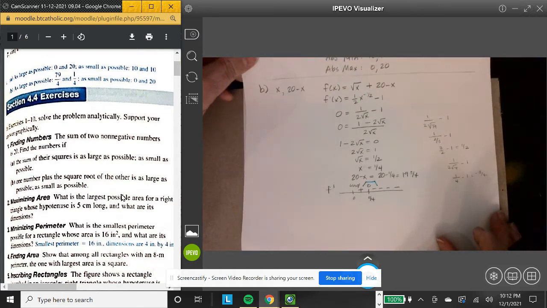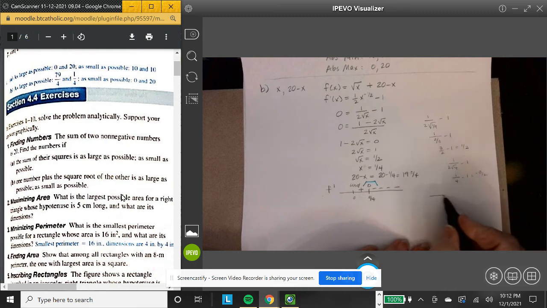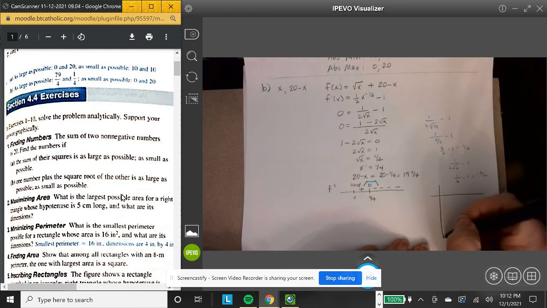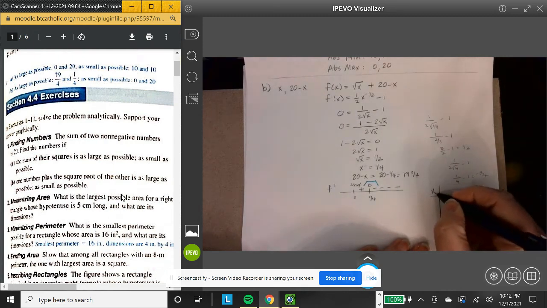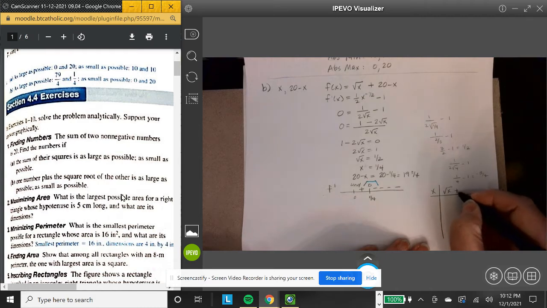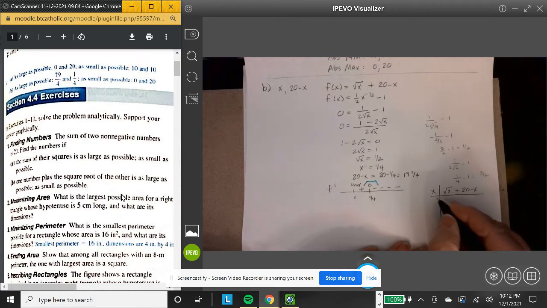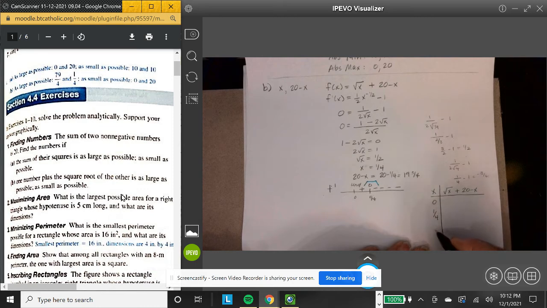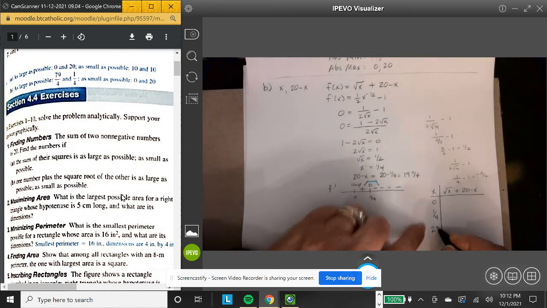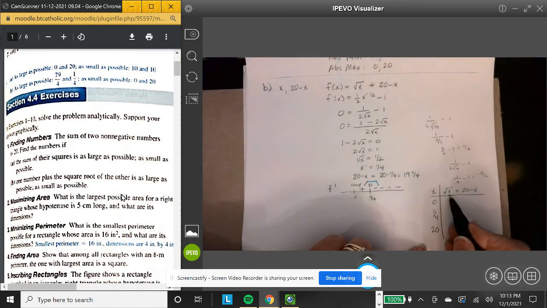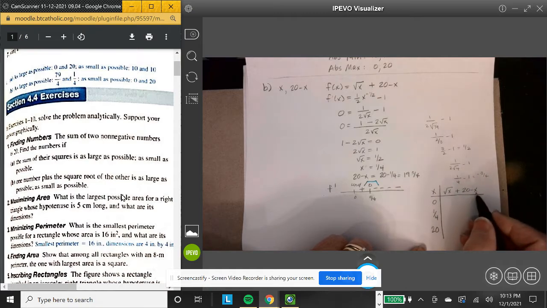Then again, we're going to use a little chart as our best friend here. Here we go. And I'm going to put x, and then I'm going to put the square root of x plus 20 minus x. And what goes on here? My critical points and my endpoints. I'm going to put 0, 1/4, and 20. When I plug 0 in here, I get 0 plus 20 minus 0, which is 20.